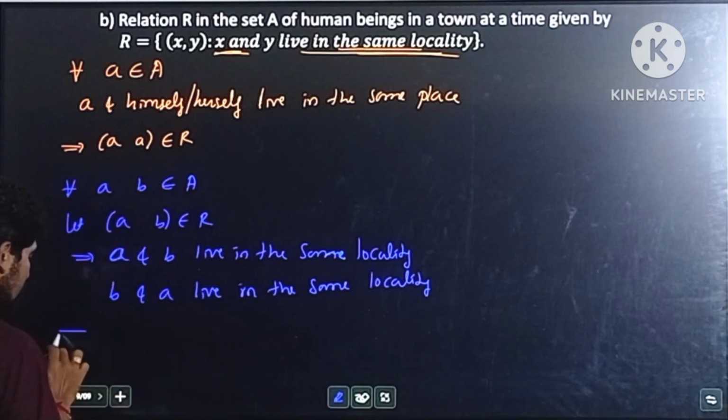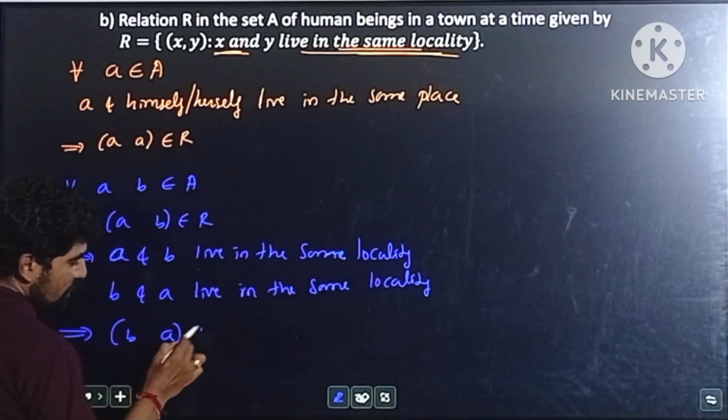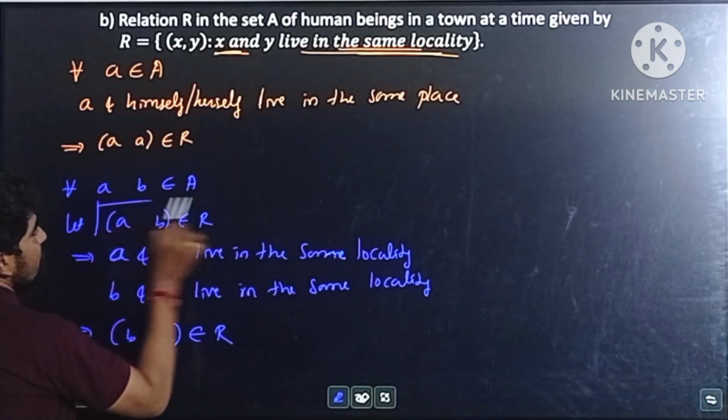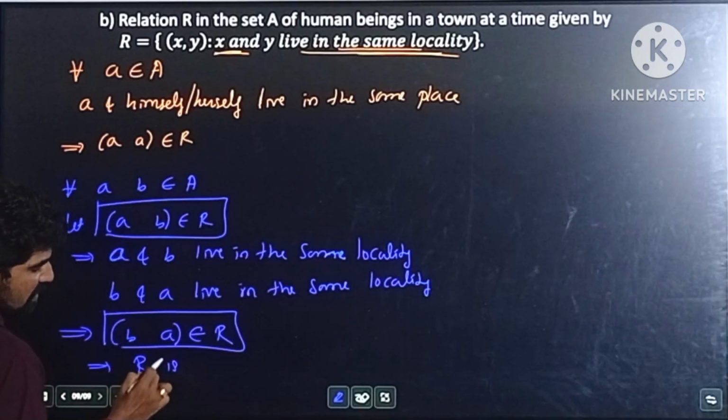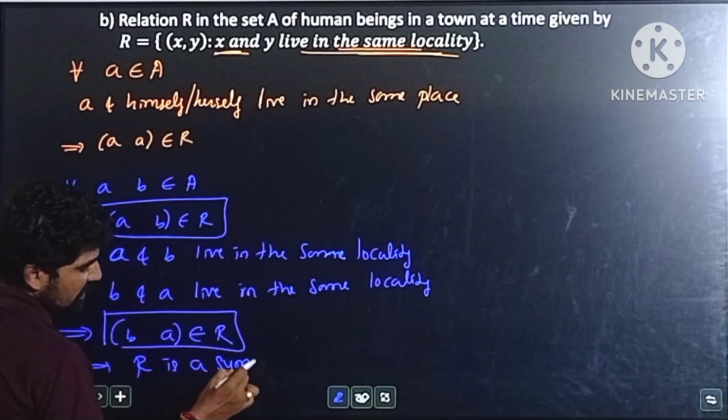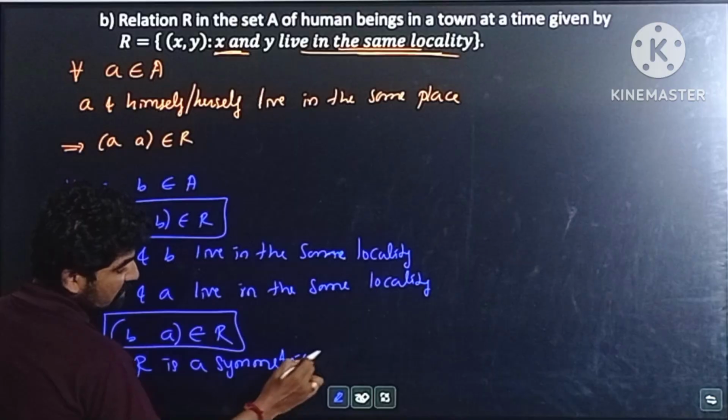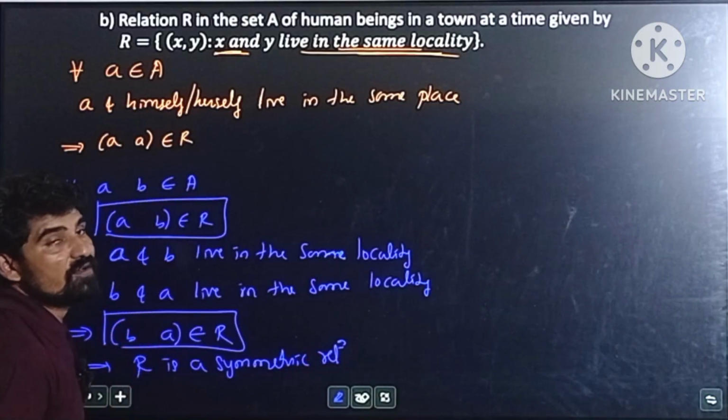So which implies the pair BA belongs to R. Since the pair AB is in R and BA is in R, R is a symmetric relation. I hope all of you are understanding.